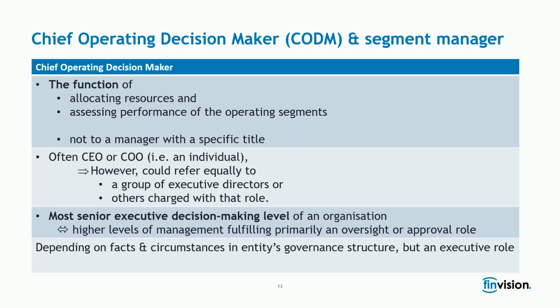In a lot of situations, it will be the CEO or the CFO or the combination of both. That could be individuals, but it could be to a larger extent, for example, a group of executive directors. It could be the full board. But important, it will be an executive role.